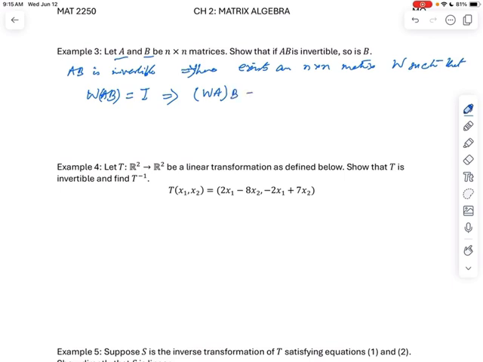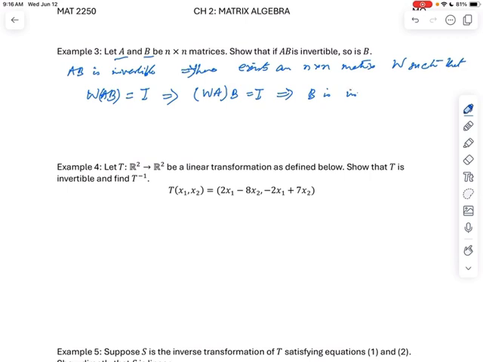So now we see it as B times a matrix is equal to I, which means B is invertible. So this implies B is invertible. And in a similar way, you can show that A is invertible.